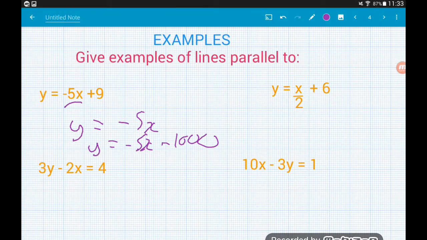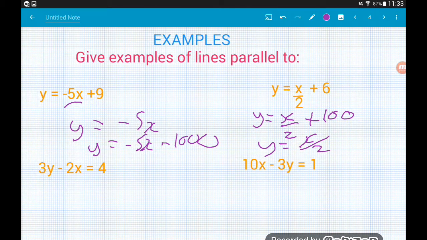So here we would want any equation with a half x. So we could have y = x/2 + 100. Definitely parallel. We could have y = x/2 itself. That's also parallel because they've both got a gradient of a half, the same as y = x/2 + 6.